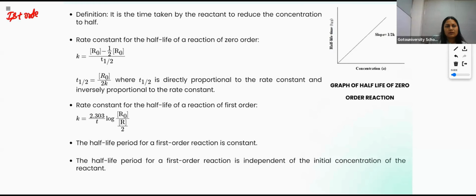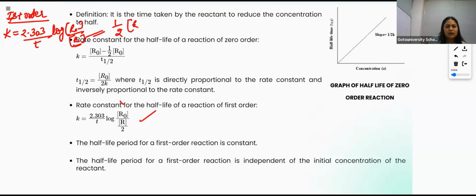For a first order reaction, the rate constant K is written as K = 2.303 by t, as given here, log R naught by R. For half life, R will be 1 by 2 R naught.